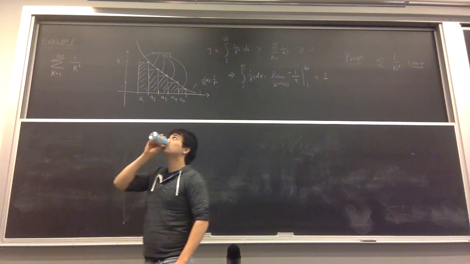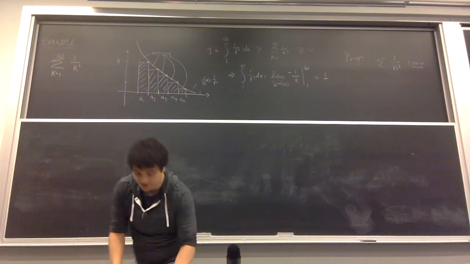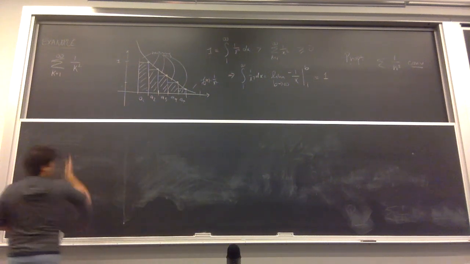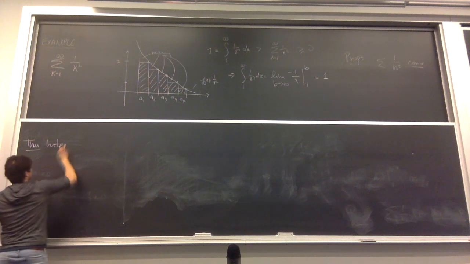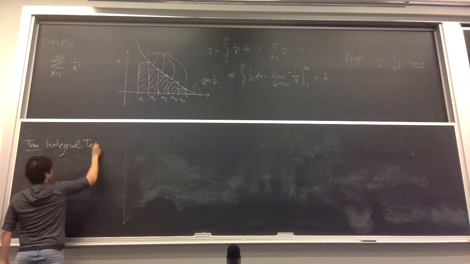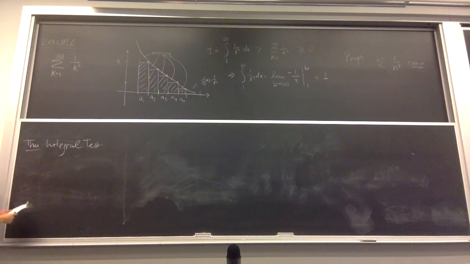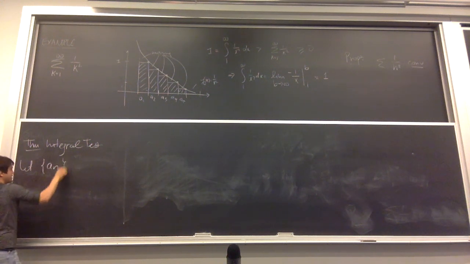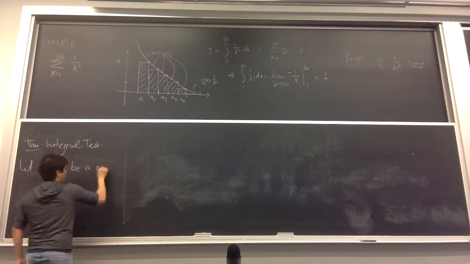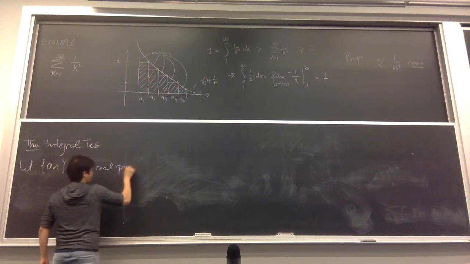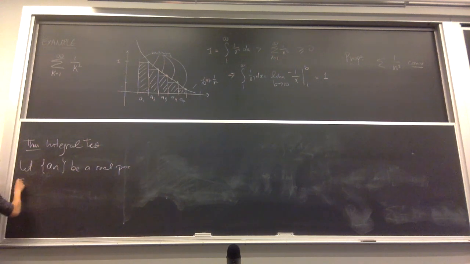Okay, so I'm going to tell you what the integral test is. That's the integral test essentially, but I'll write it down. You just need some practice, as usual. So let a_n be a positive sequence, a real positive sequence, which means none of these can be negative.